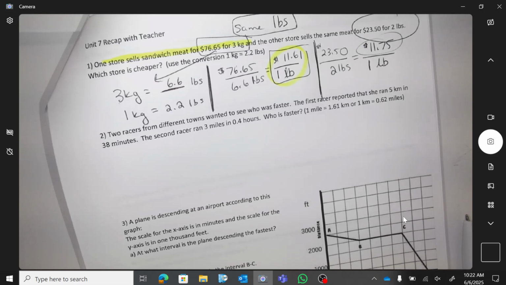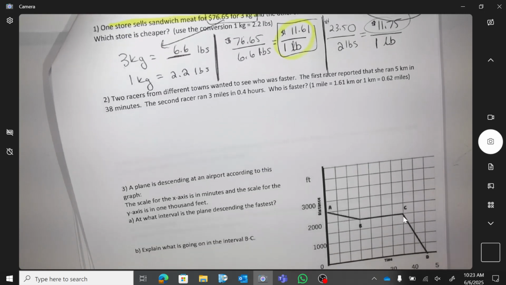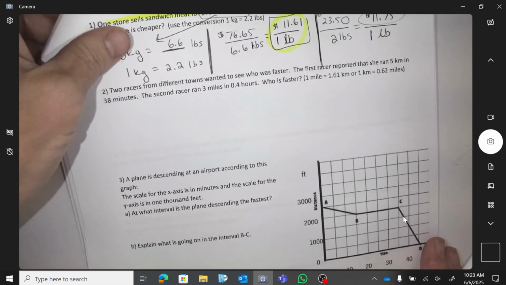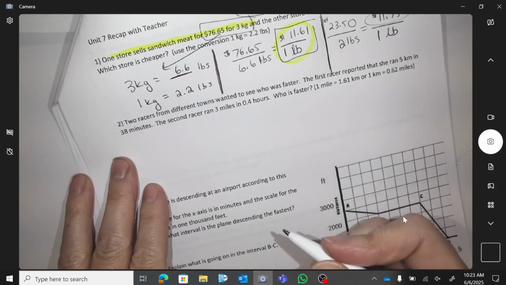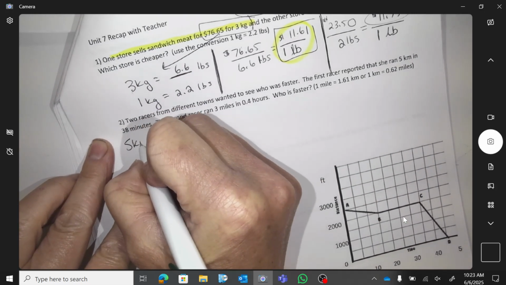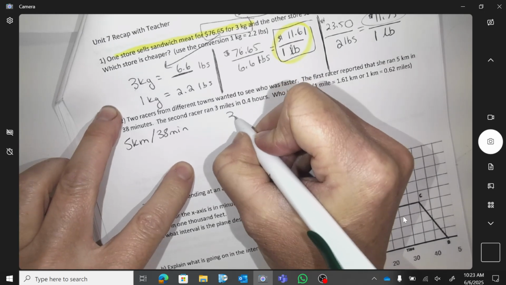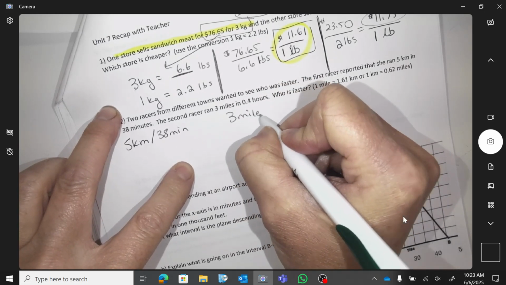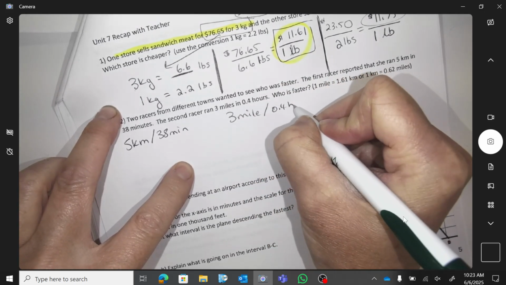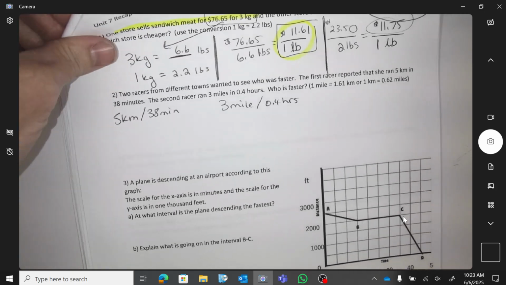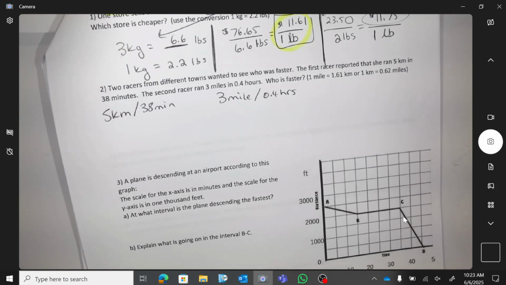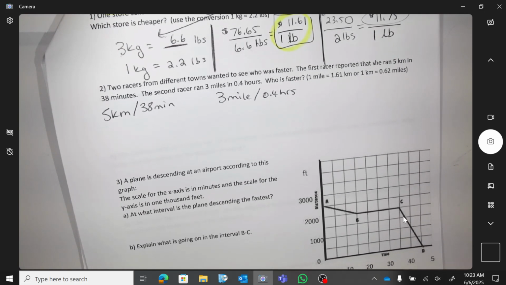Okay, 2 racers from different towns want to see who's faster. The first racer reported 5 kilometers in 38 minutes, 3 miles in 0.4 hours. Okay, so this isn't good.